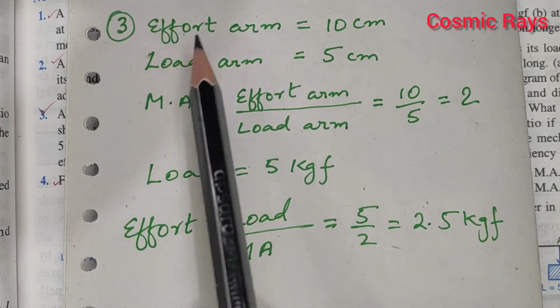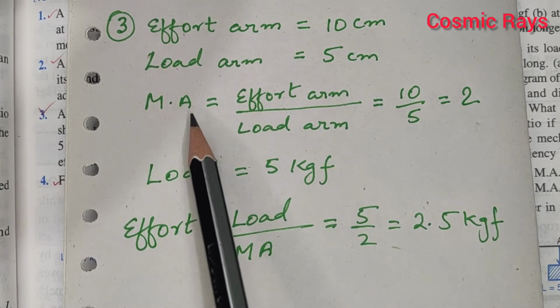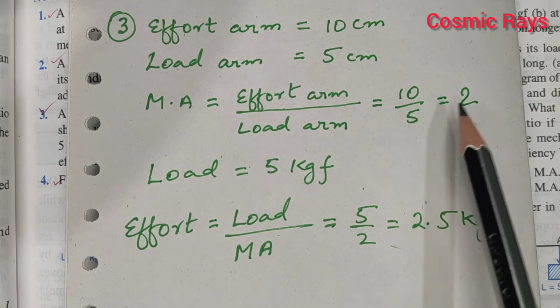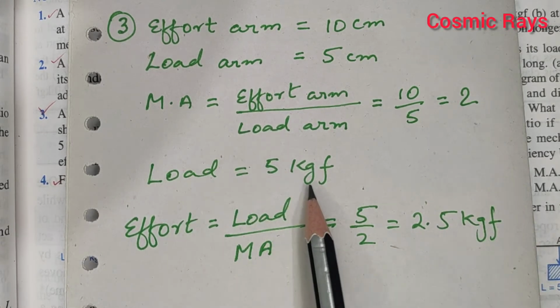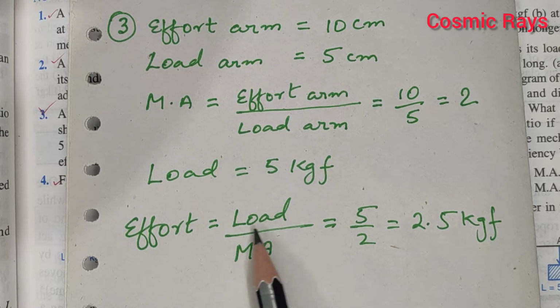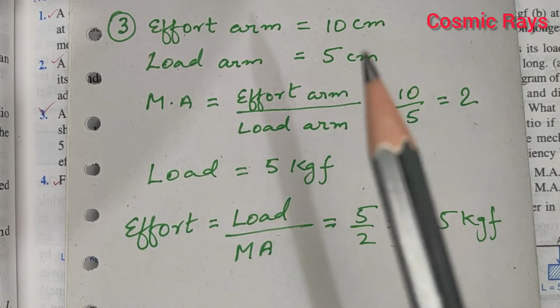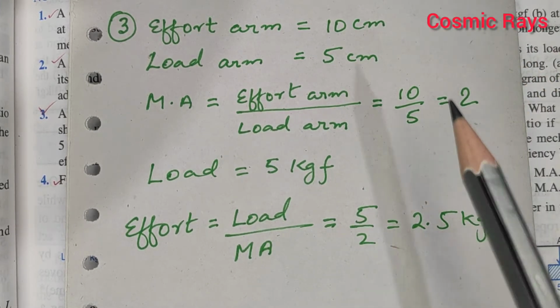So the effort arm is 10 centimeter, load arm is 5 centimeter. So mechanical advantage would be effort arm by load arm, that is 10 by 5, we get it as 2. Now the load is 5 kgf. So we know that mechanical advantage is load divided by effort. You can check this in the formula also where I had shown in the beginning of this AV.